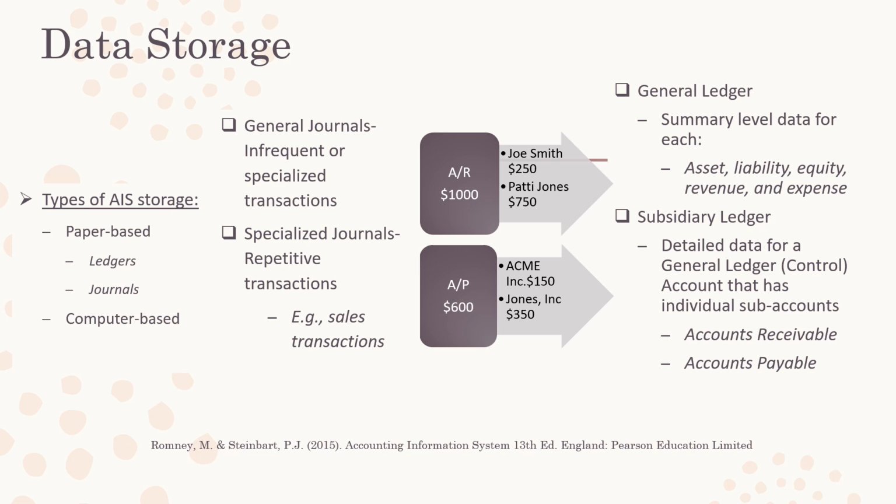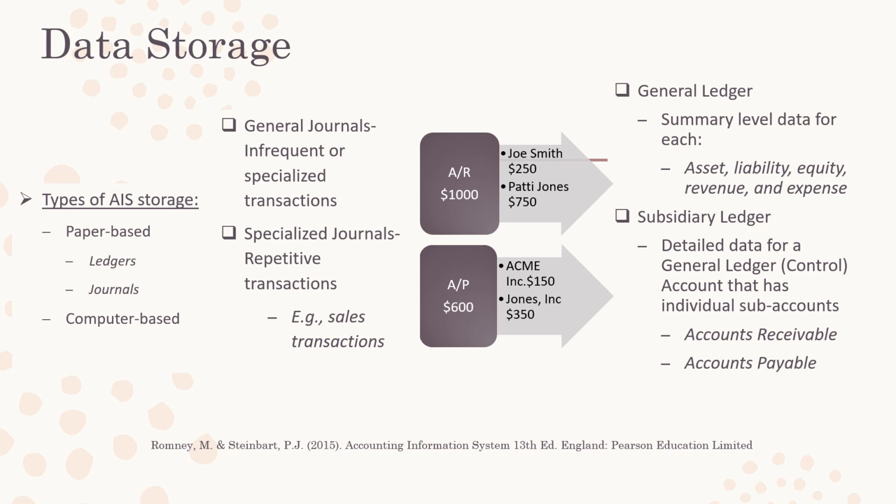Data storage. A company's data are one of its most important resources. Therefore, we need to properly arrange the data in its storage. So we have two types of AIS storage, the paper-based storage, and the computer-based storage.